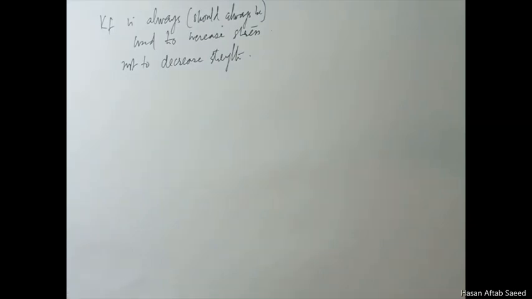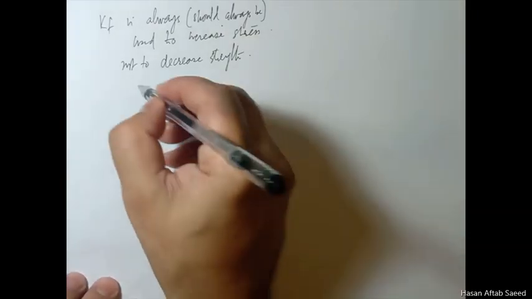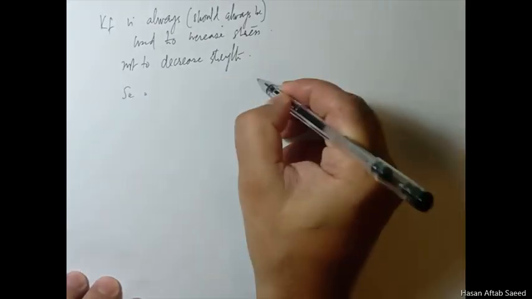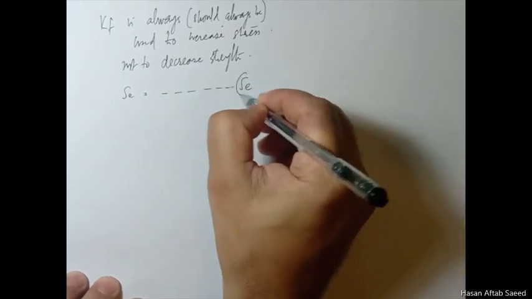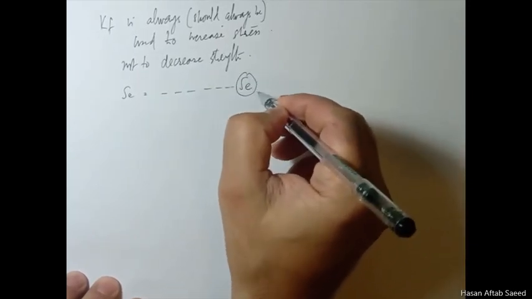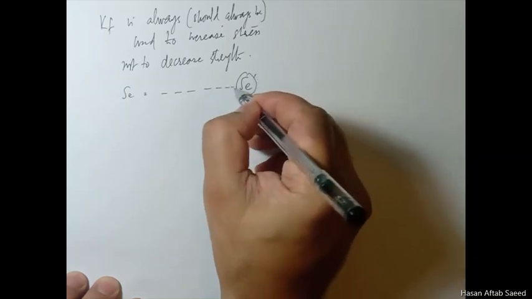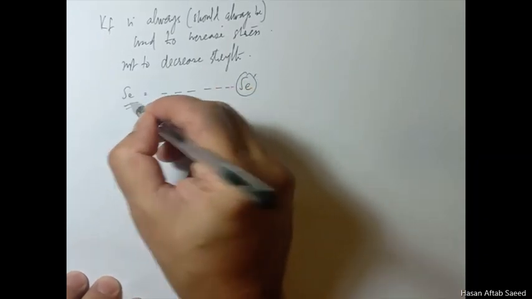What did we use to decrease the strength? If you recall the Marine factors, they were all applied on, you had this SE, and here you had SE, and you had all these factors, they were multiplied to this endurance limit, which is a strength parameter. You applied all these to decrease this, to get this.